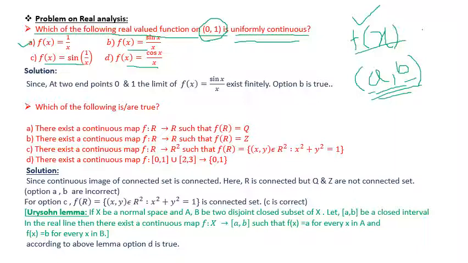That means the limit as x tends to a of f(x) exists and the limit as x tends to b of f(x) exists finitely. So if f(x) satisfies this condition, that is, both limits exist, and f(x) is continuous within the open interval (a,b), then you can say that the function f(x) is uniformly continuous throughout this interval (a,b).